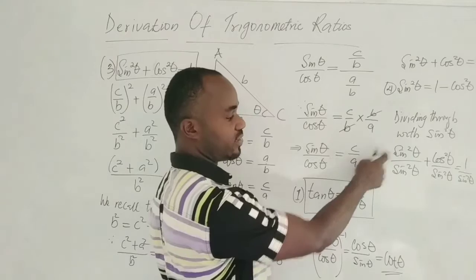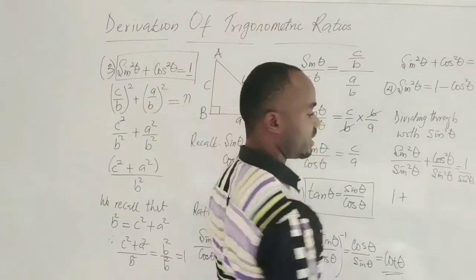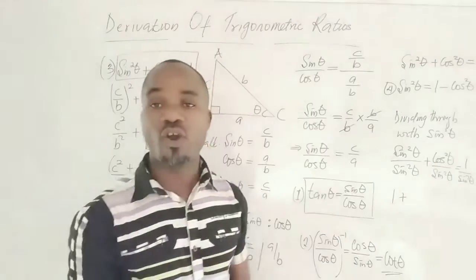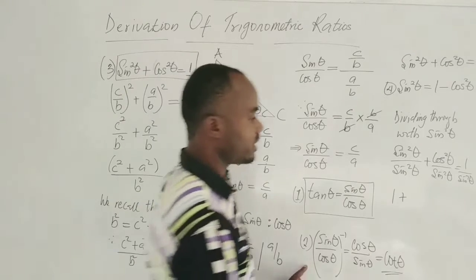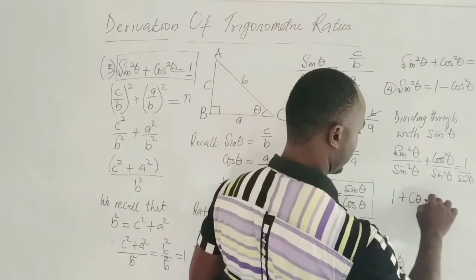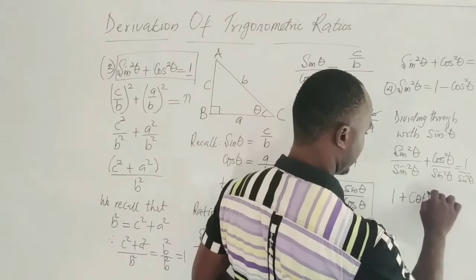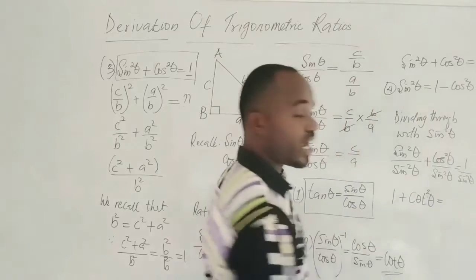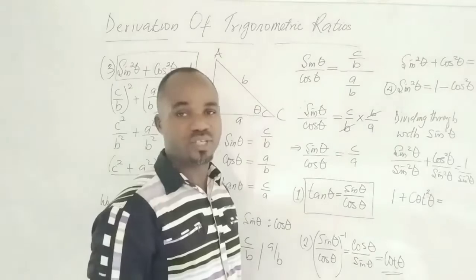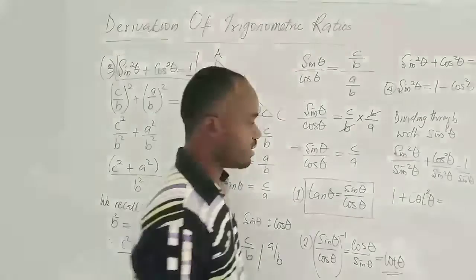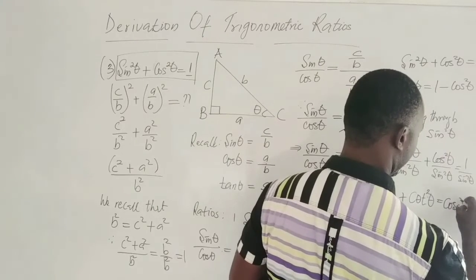You can see that sine theta squared will cancel out. We have 1. Cosine theta squared over sine theta squared will give cot theta squared, because it's inverse, as we treated somewhere here. And then 1 all over sine theta squared will give just cosecant theta squared.